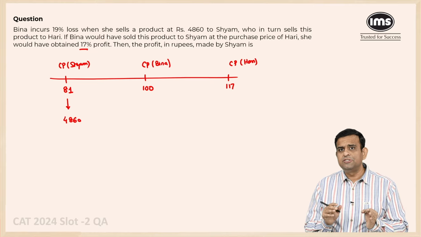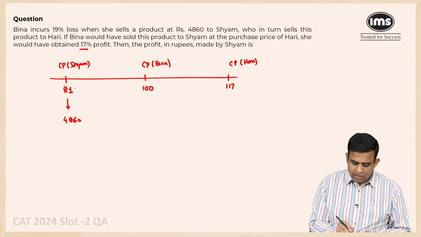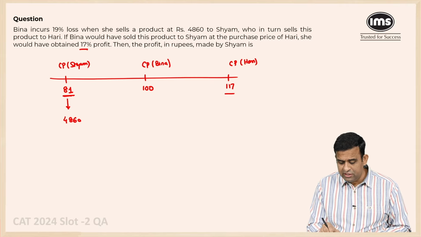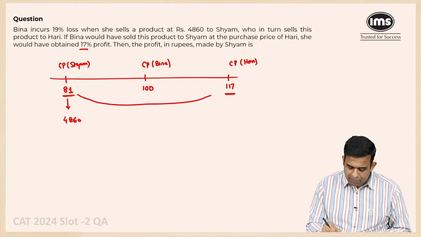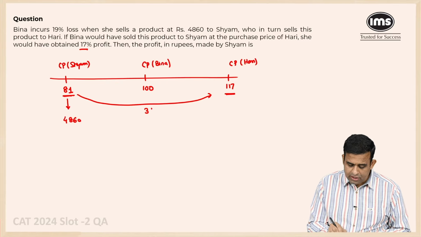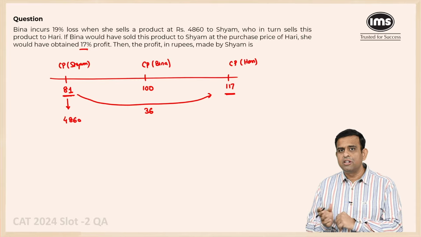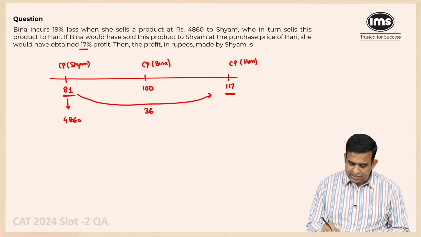And the question says, find out the profit in rupees made by Shyam. Understand, Shyam is buying it for 81 and selling it to Hari. Hari is purchasing it for 117. So Shyam makes a profit of nothing but 36. So the question actually becomes, if 81 corresponds to 4860, how much is the number 36?